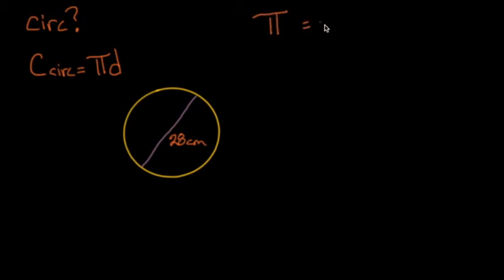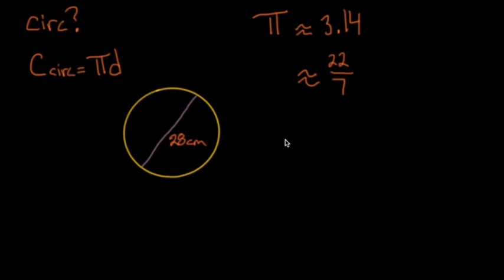Pi is either 3.14 or it's going to be 22 over 7. Now I should be mathy and I shouldn't be saying equals because it's not really 3.14, is it? It's almost. So let's do the almost. So there we go, little squiggles. It's almost like that. That's usually what math teachers are going to have you writing.